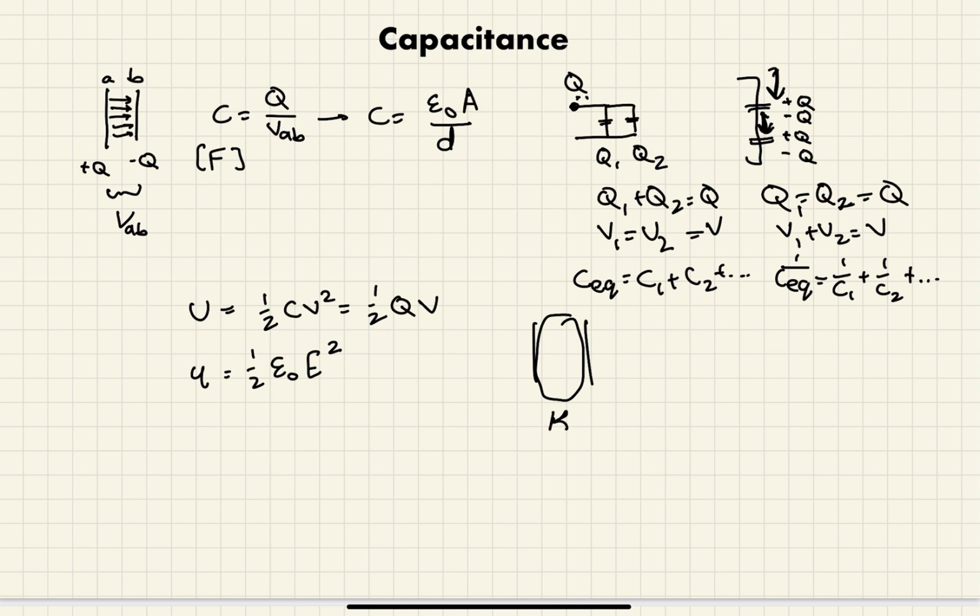So the kappa of a vacuum would be 1, because it's just vacuum. This, by the way, epsilon naught, is the vacuum permittivity constant. And so to get the permittivity of any other material, you use the vacuum permittivity and then multiply by kappa, because kappa is basically the ratio of permittivity through a certain material to a vacuum.